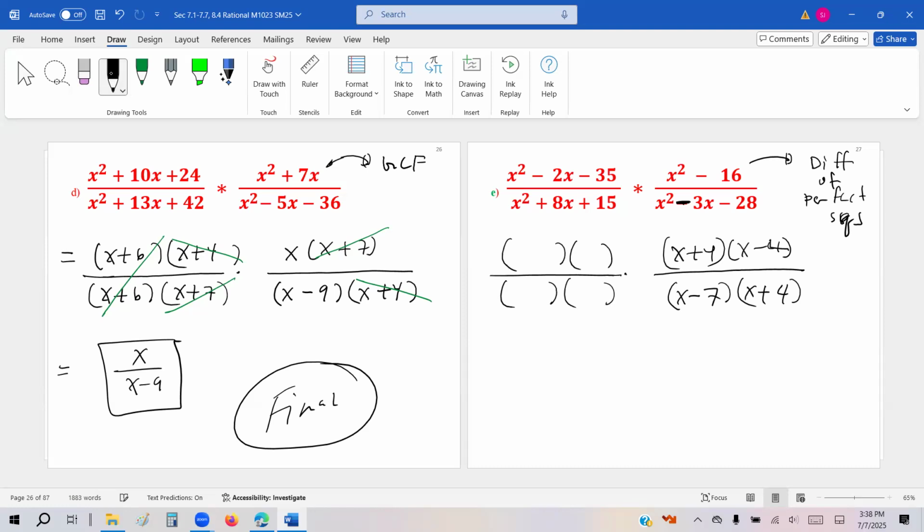Liliana, the top left. Multiply to 35 and combine to 2. 7 and 5, 7 and 5. Now decide their signs. The middle term has which sign?